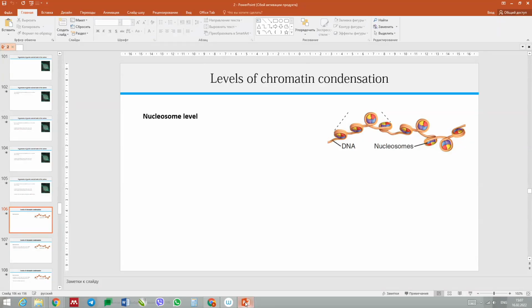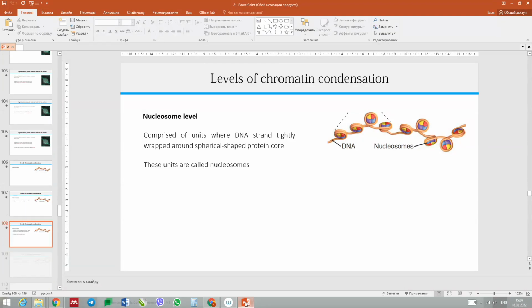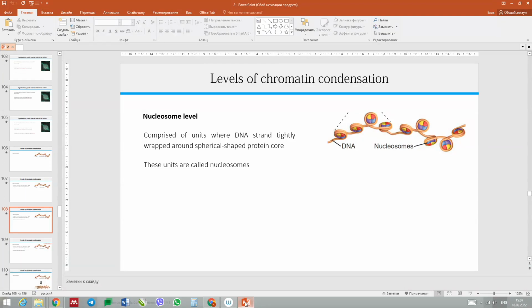One level is called the nucleosome level. This is a trick when the DNA molecule makes circles around a spherical-shaped protein core. These units are called nucleosomes. And this will make the DNA molecule 7 times shorter.